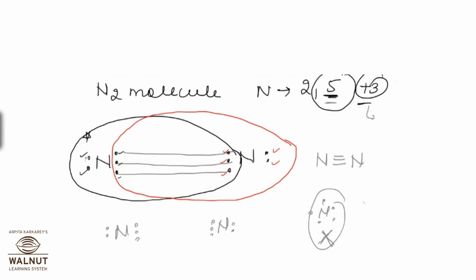This 2 you are talking about, Mitesh? No, these are not participating. Why would it get shared when it has already achieved the octet? Now it is stable, so it doesn't want to gain more stability. It is happy, and whatever stability it gets, it is more and more happier. So it won't disturb its state.